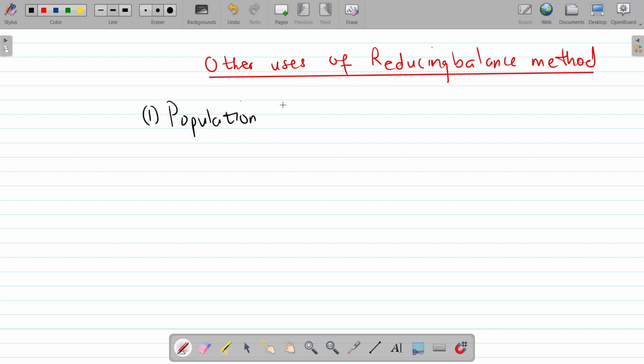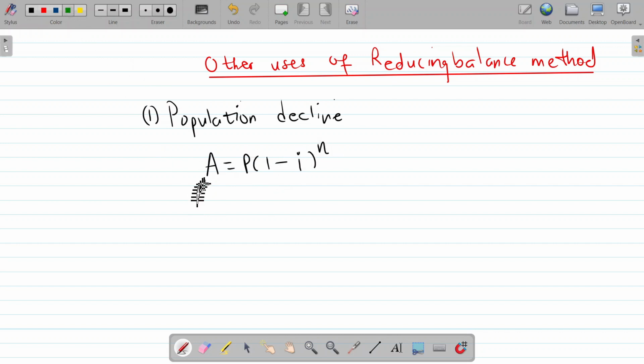Population decline is when the number of people occupying an area goes down. It could be because of natural causes like death, or because of migration. Essentially, population decline is the number of people in an area reducing, so it happens via the reducing balance method.